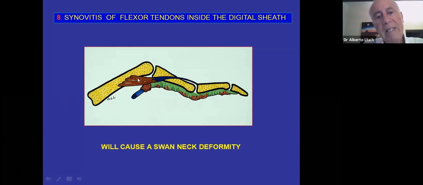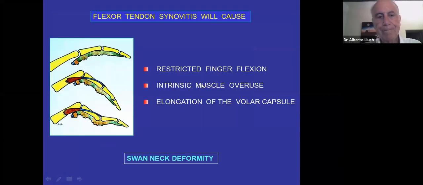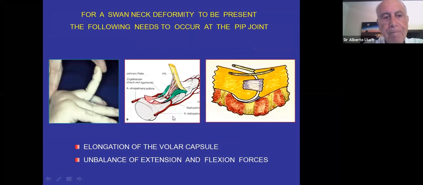The only problem is that the intrinsic muscles, besides flexing the MP joints, which will be helpful to her, will hyperextend the PIP joint, causing a Swan neck deformity. So the flexor tendon synovitis in the finger will cause restricted finger flexion, like here, intrinsic muscle overuse, and with time, elongation of the volar capsule of the PIP joint, and then we'll have a Swan neck deformity.